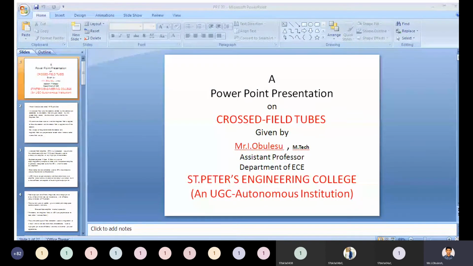There is a point between the two extremes, the critical value or Hull cutoff magnetic field, where the electrons just reach the anode. At fields around this point, the device operates similar to a triode.